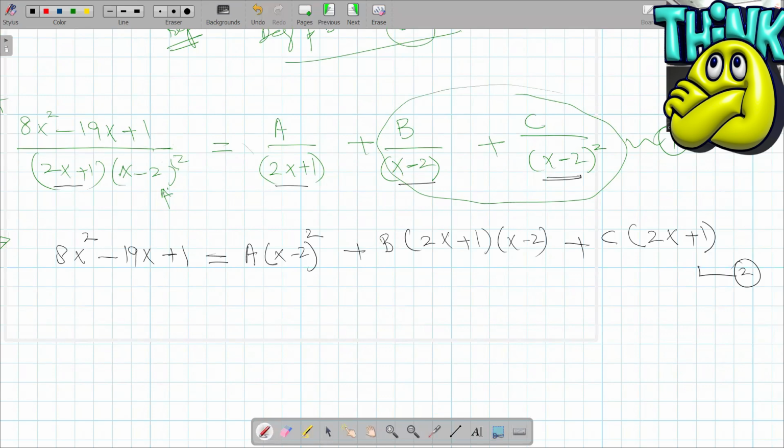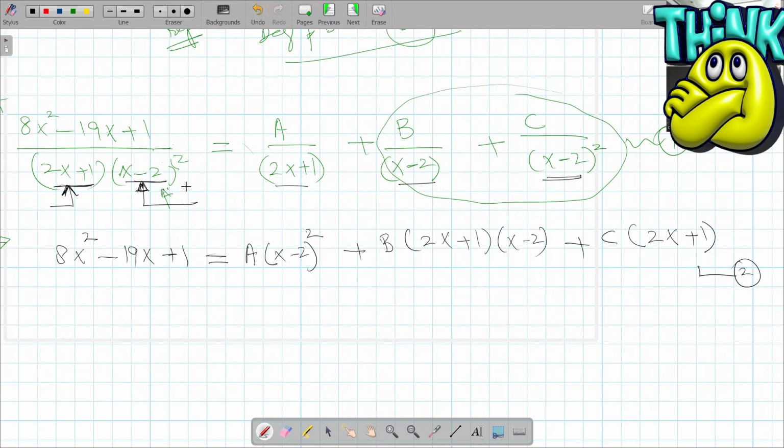So we have two linear factors, so we can put the value of x to make this equal to 0. What value of x will we put here? Negative 1 over 2, or we can put x equal to 2, in order to make this factor equal to 0.